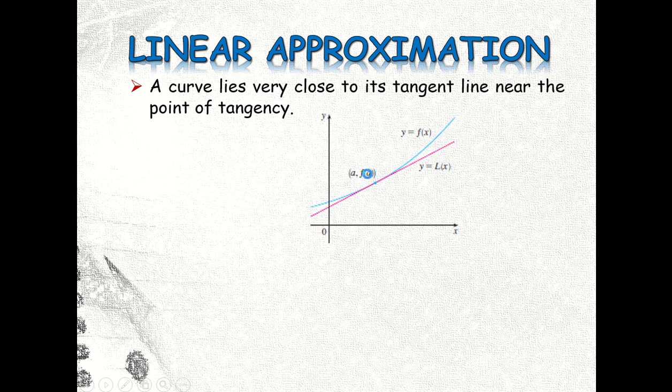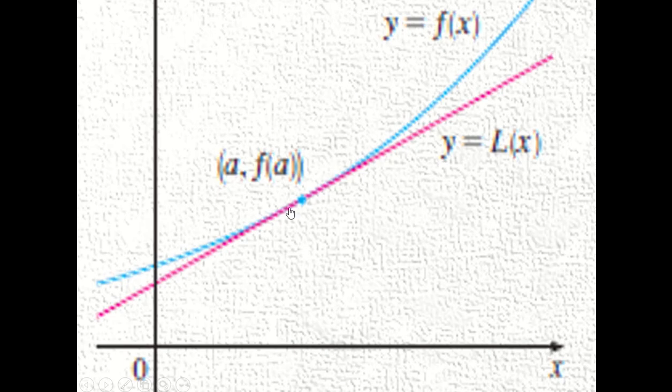Now, as we look at this picture closely, by zooming the picture, we can say that the graph of the function becomes more and more like its tangent line, especially for this part here.